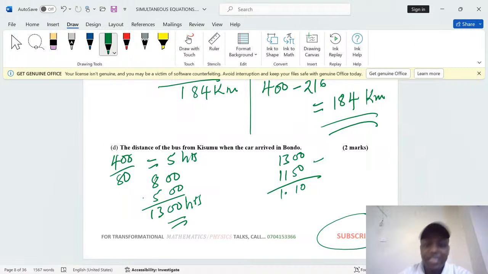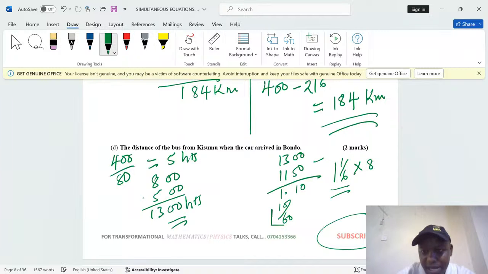1 hour, 10 minutes can be converted totally to hours. That will be 1 hour and 10 out of 60. So 1 hour and a sixth. 1 and a sixth hours is the time which the bus is yet to travel. That means we multiply this by a speed of 80, so that we may know the distance which is yet to be covered.